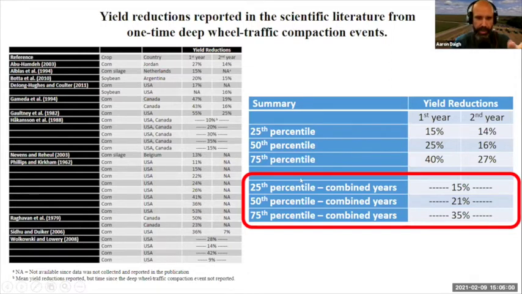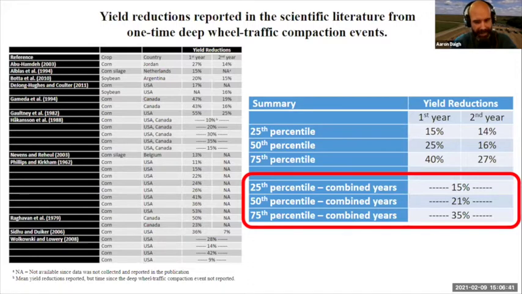We said, okay, in these areas where we know deep compaction occurred because we had ruts and they get filled in for the next season, if we break it down into the bottom 25th percentile of how severe it is versus the 50th percentile, so right in the middle of the road, half the people are better off than you, half are worse off, and then up around the 75th percentile, which is getting into the worst of the worst, you can expect between a 15, 21, up to a 35% loss in your yields for the next 2 years in those areas that have deep soil compaction.